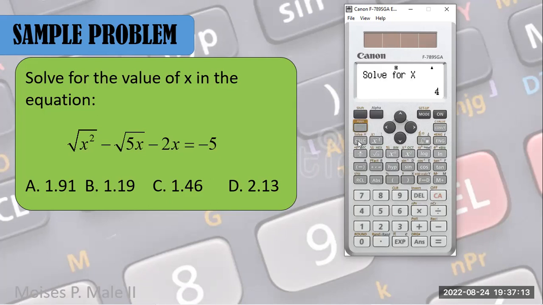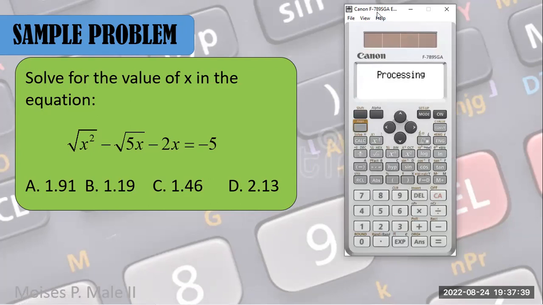Shift solve. So, hingi siya ng values. Usually, nag-equals na tayo dito, di ba? So, much better pa din na lagyan nyo ng initial value which is close to the answer. Okay? So, check nyo yung choices. Ano yung nasa choices? Well, let's say, 1.46. Okay. So, para hindi na matagalan mag-solve yung calculator.